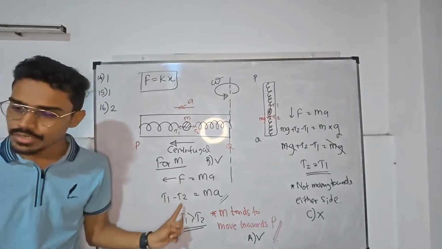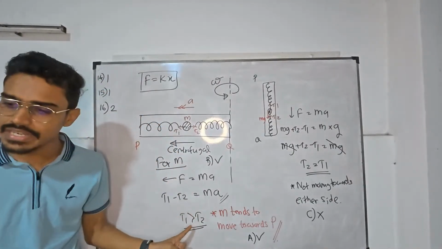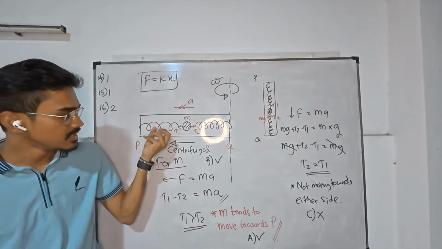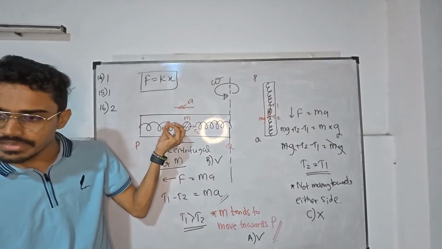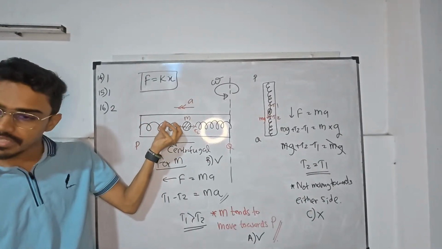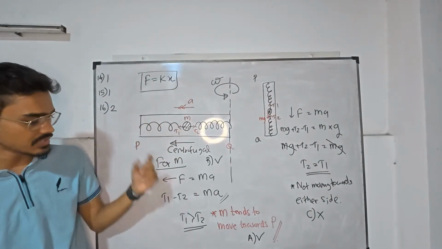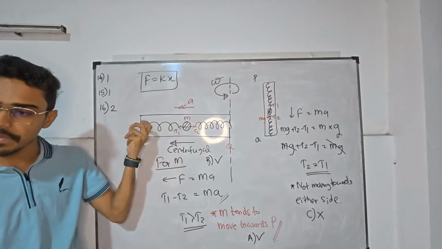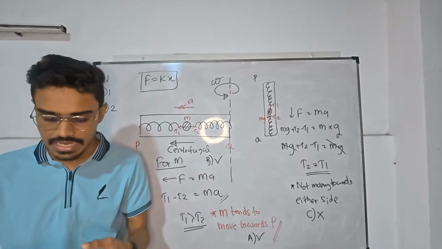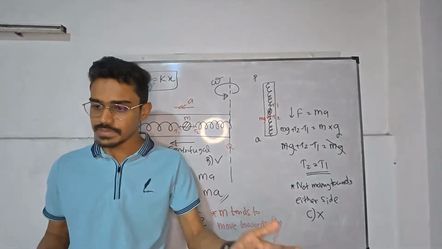In order to be positive, T1 is greater than T2. If T1 is greater, the tendency of motion on M is towards P. That is correct. They are asking about the motion towards P, no?